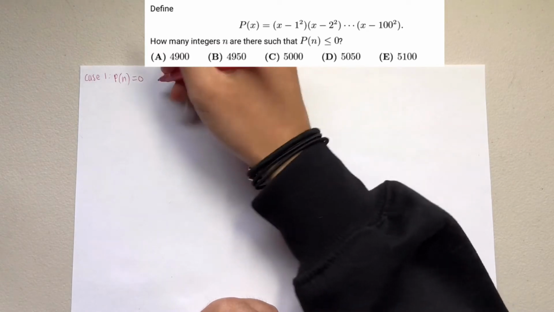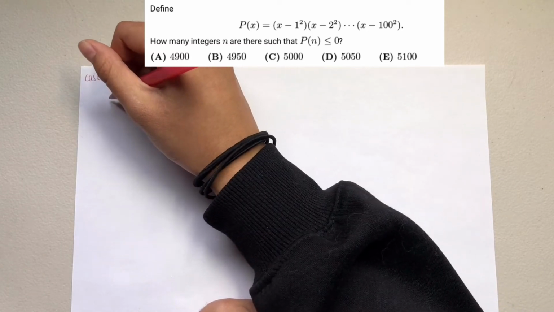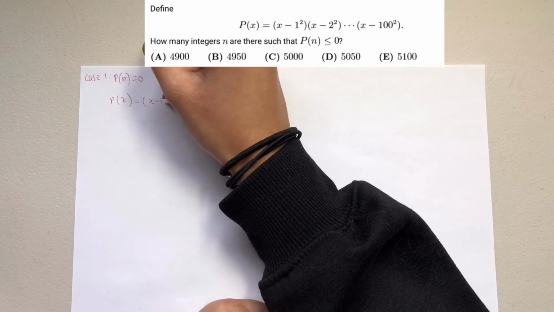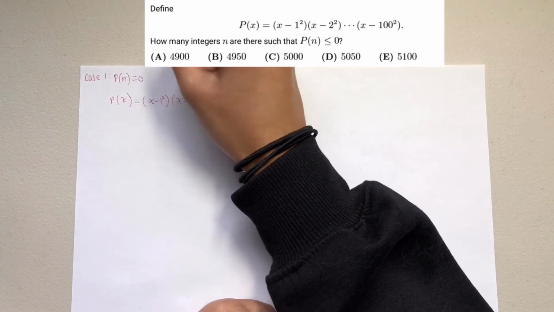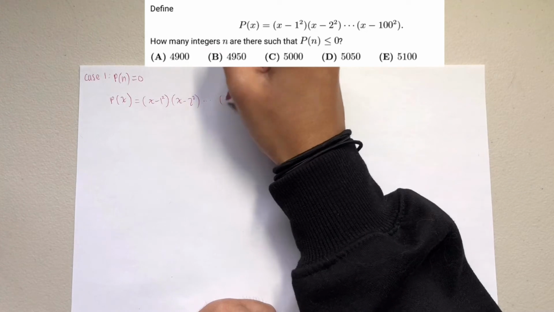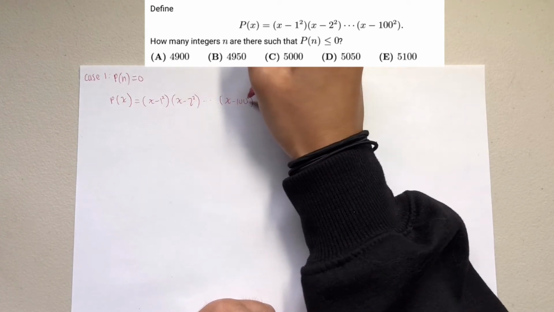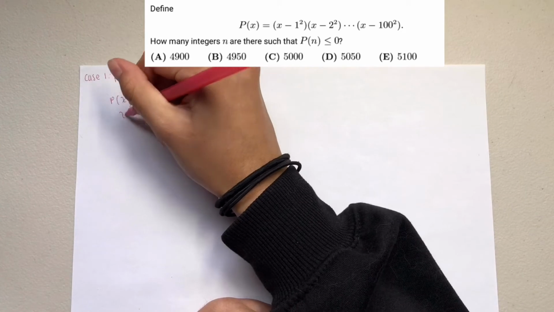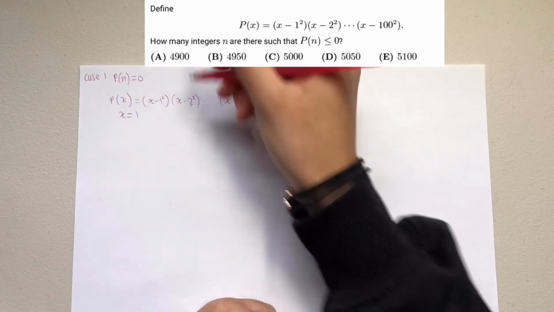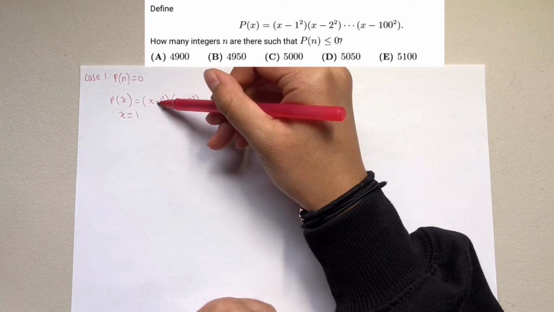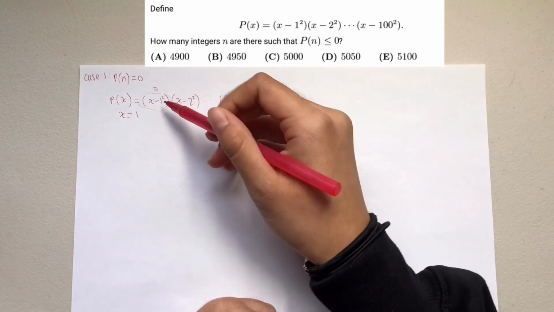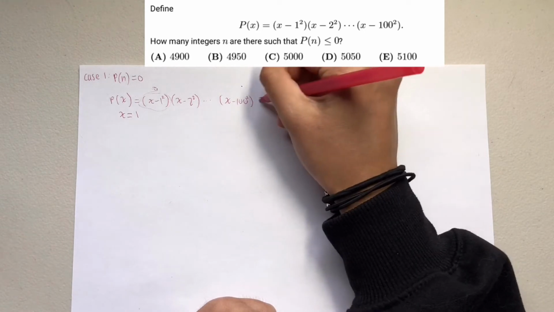So, for example, since P(x) is equal to (x minus 1) squared times (x minus 2) squared all the way to (x minus 100) squared, if x was equal to 1, then when we plug this in, this right here would be equal to 0, which would make the rest of the product just equal to 0.